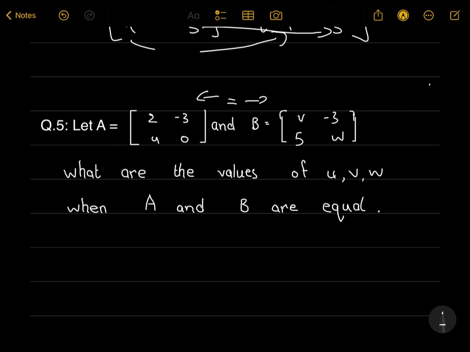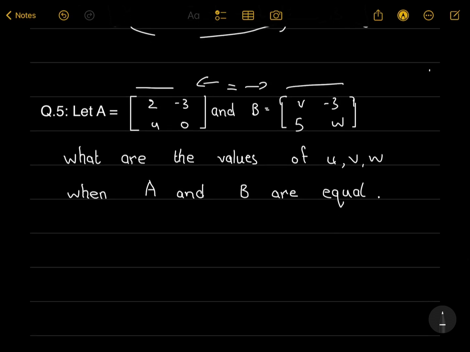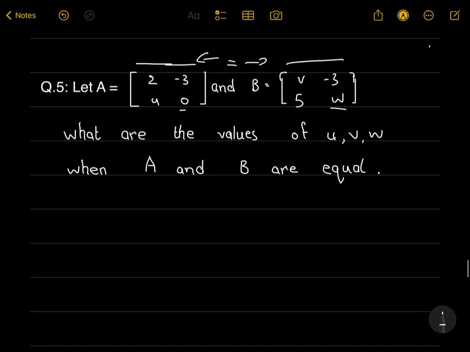As you know, if you put these both on top of each other, the value which will match would be equal to the other matrix. So if you put matrix B on top of this, at the place of 2 you will get V, at the place of -3 you will get -3, at the place of U you will get 5, and at the place of this 0 you'll get W.